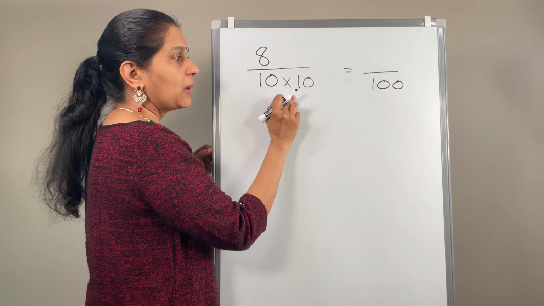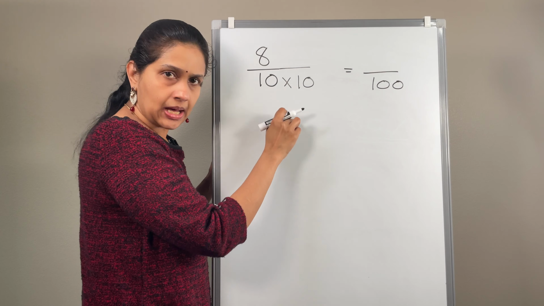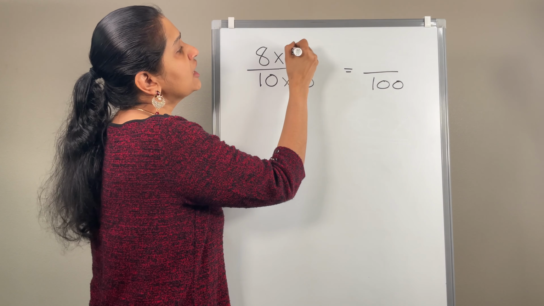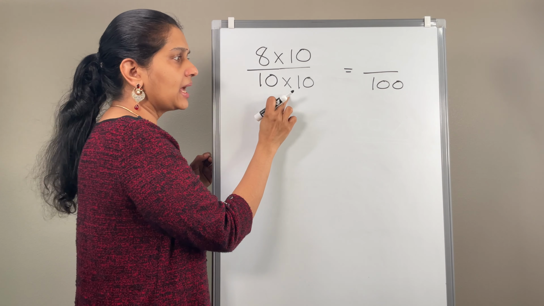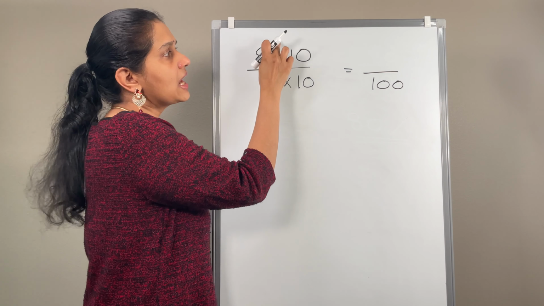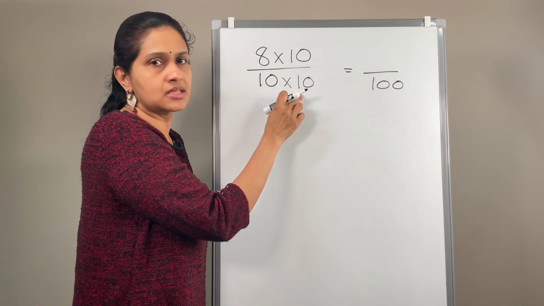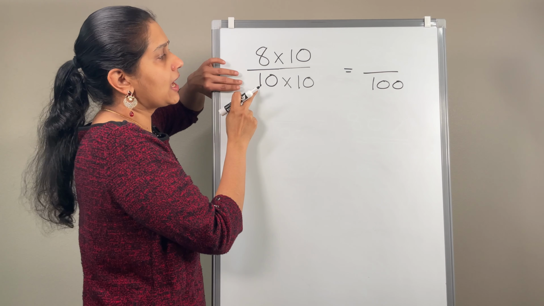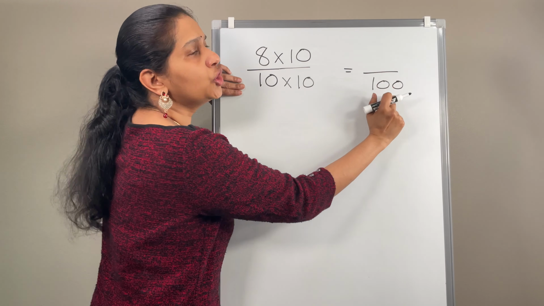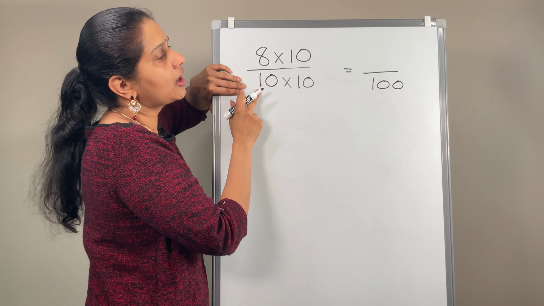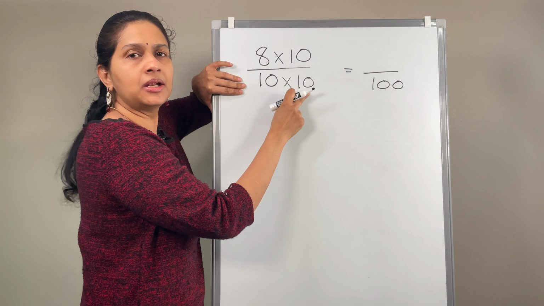So when I multiply the denominator by a number, I have to multiply the numerator also by the same number. So I am multiplying the denominator as well as the numerator by 10. Why 10? Because we had to convert this 10 to 100, and that happens when I multiply it by 10.